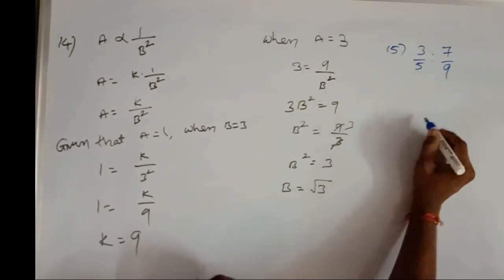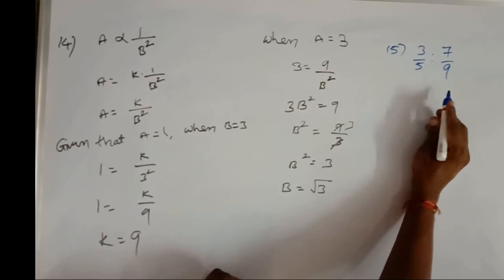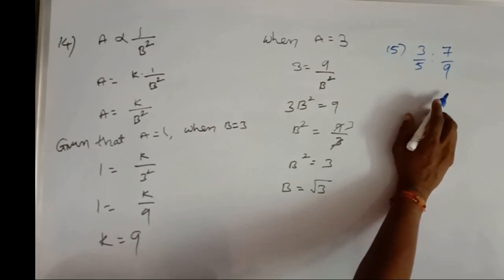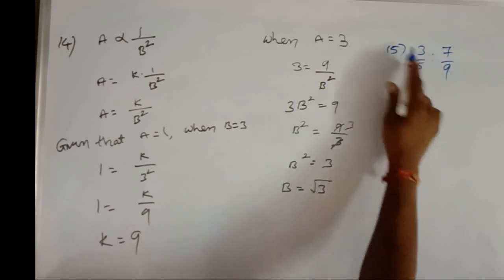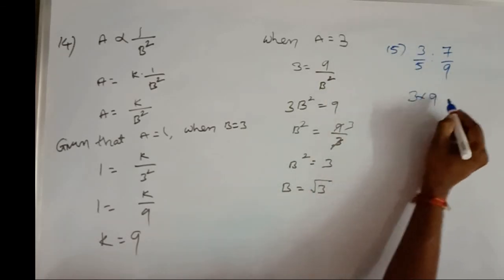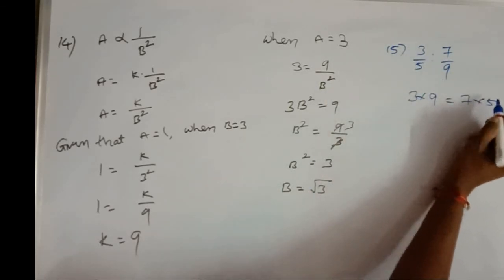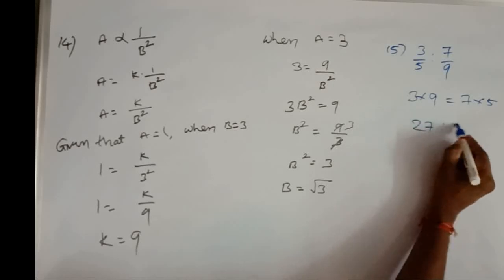So here, take the LCM, or simply do the cross multiplication, that is 3 into 9 is equal to 7 into 5. 27 is to 35. This is one method.